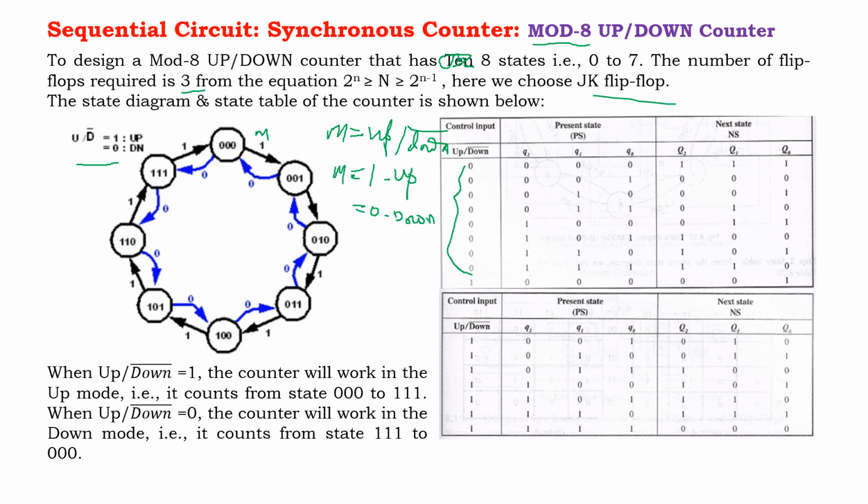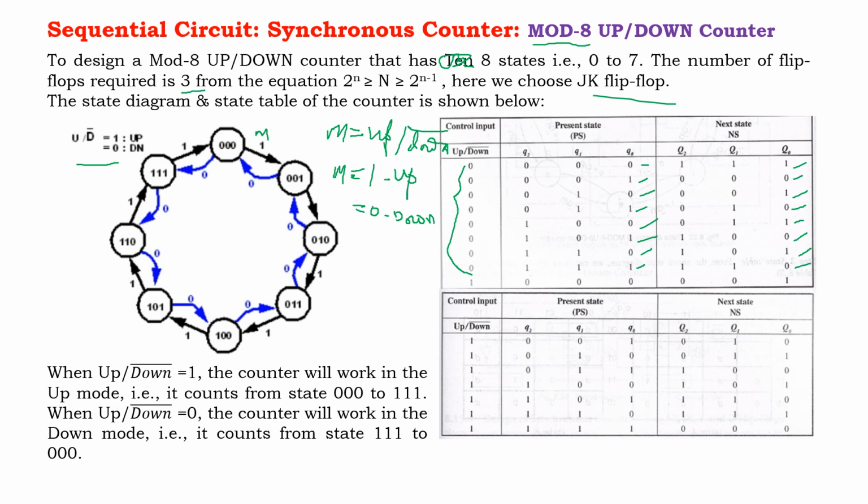So here the present state is 0, next state is 7, then 1 to 0, then 2 to 1, 3 to 2, 4 to 3, 5 to 4, 6 to 5, 7 to 6.